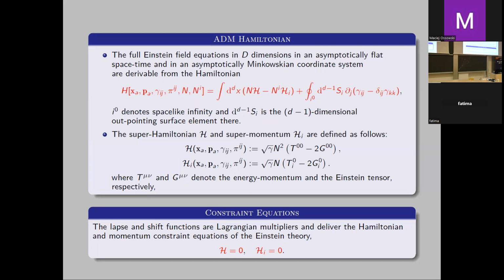And we have the famous surface term, which in fact will be the real Hamiltonian very soon. H and H_i are called sometimes super Hamiltonian and super momentum, and can be computed from these formulae. Of course, T_mu nu is the energy momentum tensor, and G_mu nu is, as usual, the Einstein tensor. So in the first step, we vary this Hamiltonian with respect to N and N^i, and as a result, we obtain the famous constraint equations of general relativity.